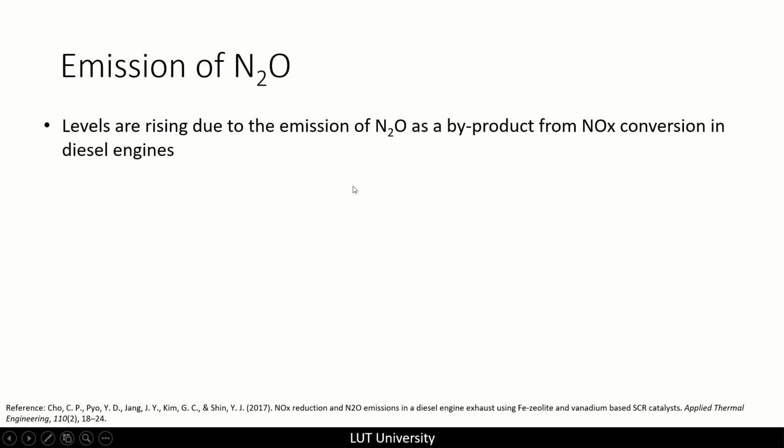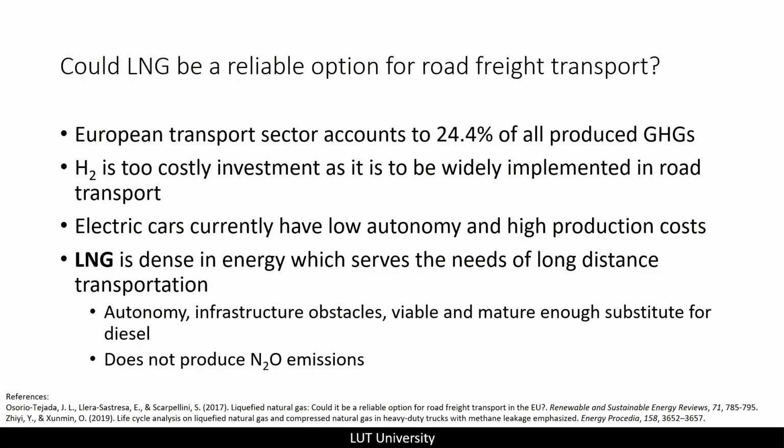So what could we do? As we have established, the diesel engines are the main culprits behind N2O emissions. So what could be done about that? As we know, road freight transport mostly uses diesel, and could this fuel be replaced with substituting technology or different fuels?